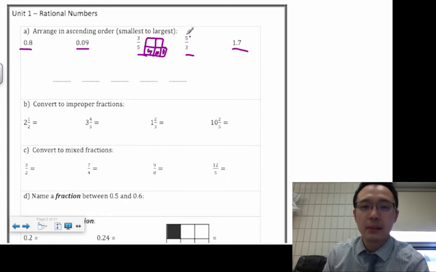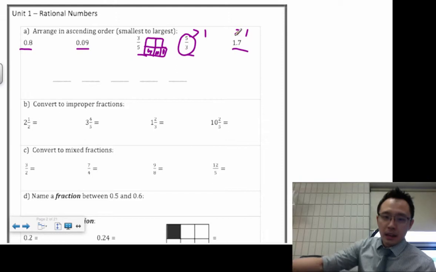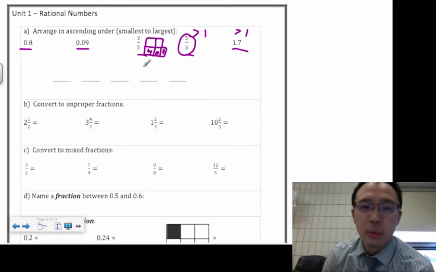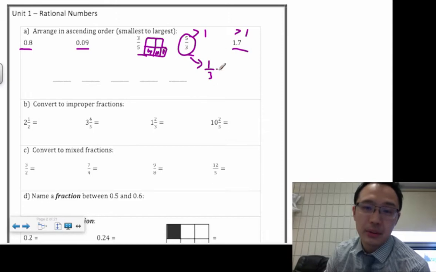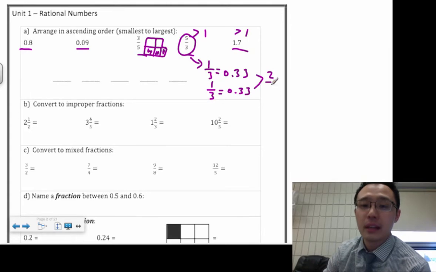So for this one, this is greater than 1, and this is also greater than 1. So which one is bigger? We know that 1 over 3 is 1/3 of something. This is 0.33. So if we have 5/3, that means we have another third, which gives me a total of 2/3, which gives me 0.66.